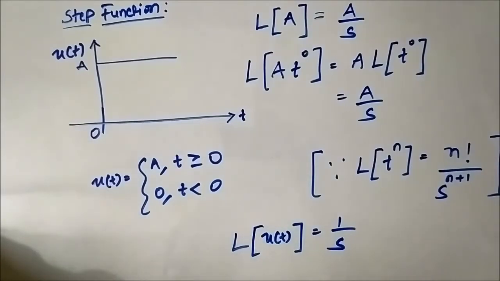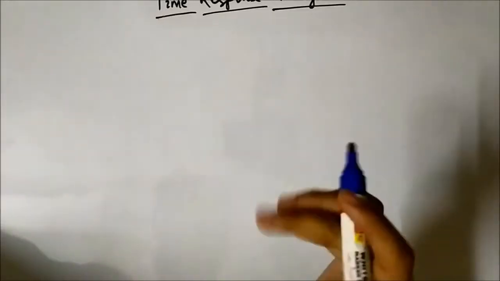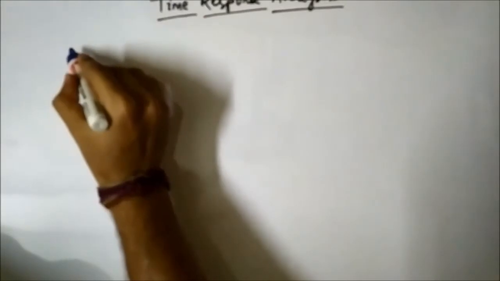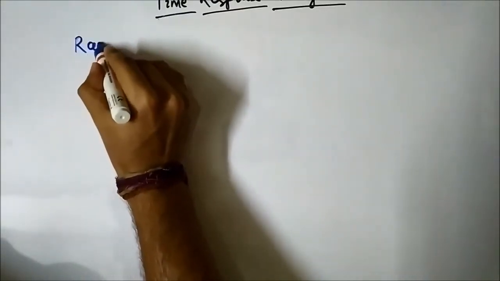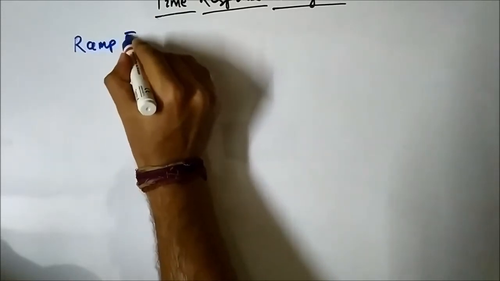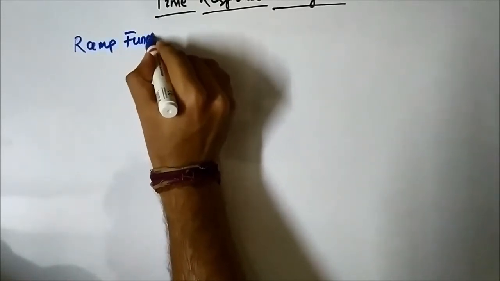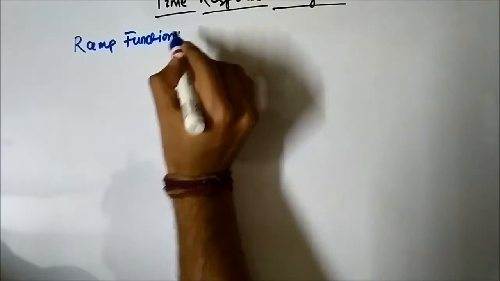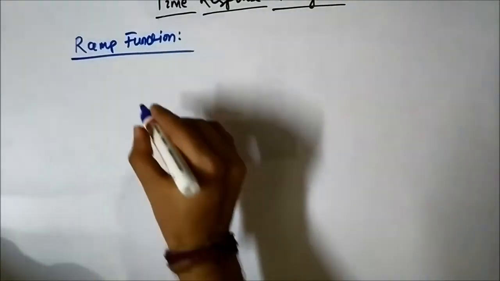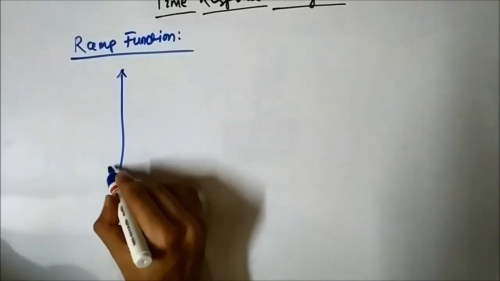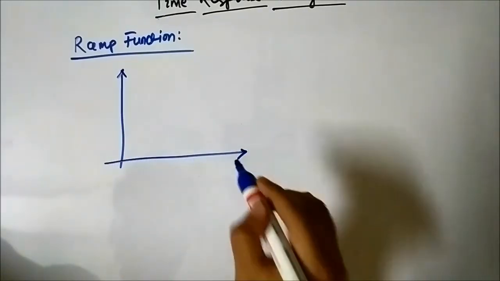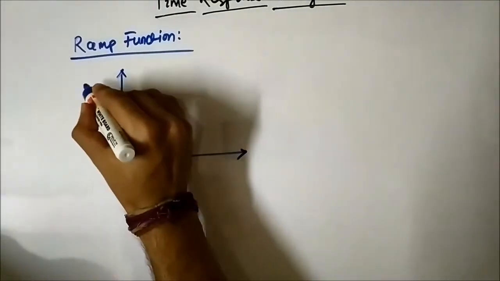The next basic function which is used in the analysis of control systems is the ramp function. The ramp function looks something like this.